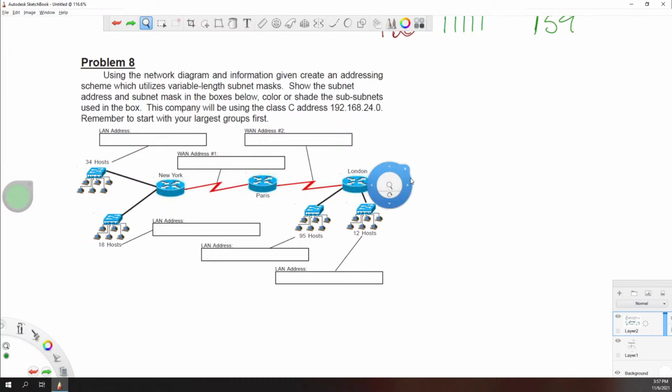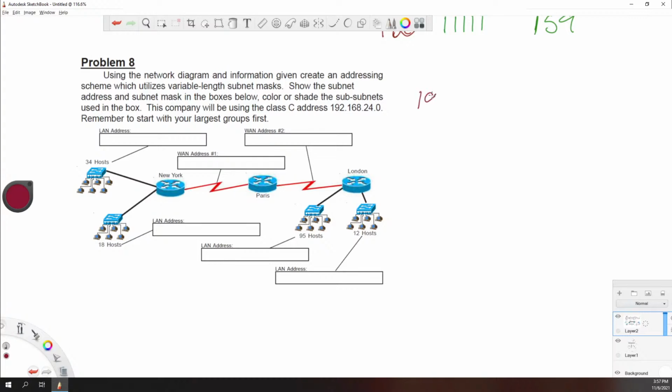Okay, so using the network diagram, create an addressing scheme that uses VLSM, variable length subnet masks, and show the subnet addresses. We're given a class C. Some information we can gather off these sorts of things, these are typical problems that you're most likely going to deal with.